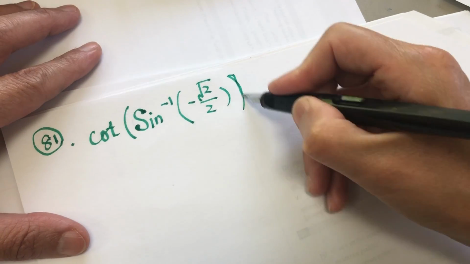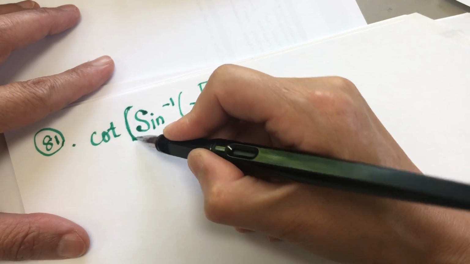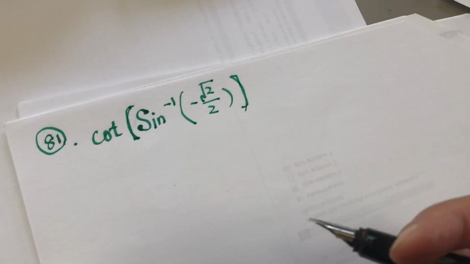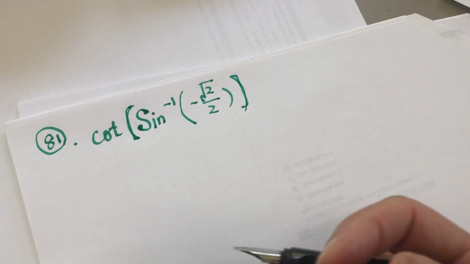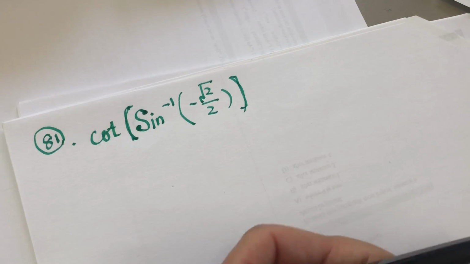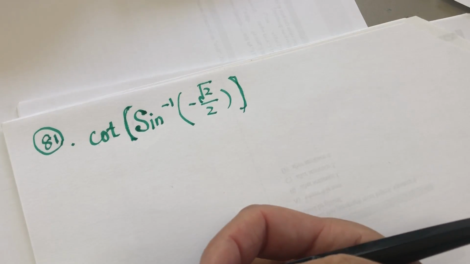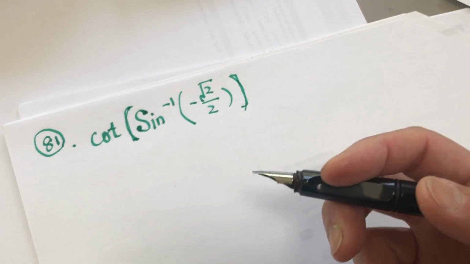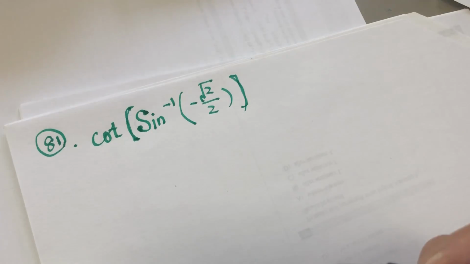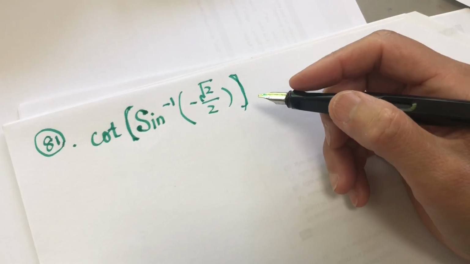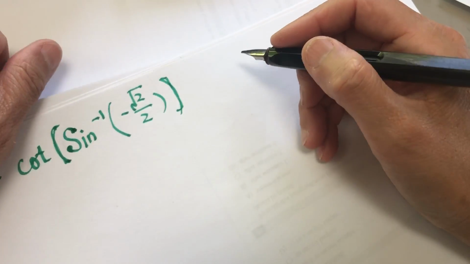So whenever we see root 2 over 2, we know it's 45 degrees or 135 or 225 or 315 degrees.